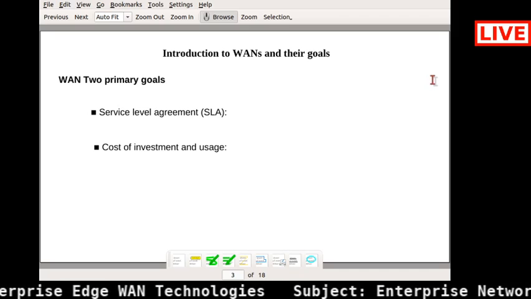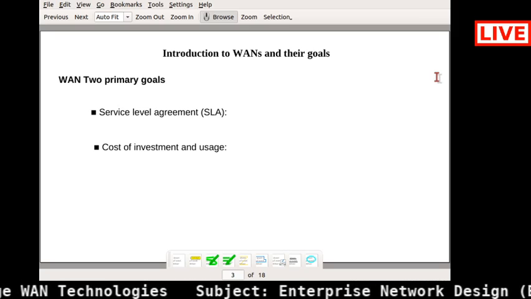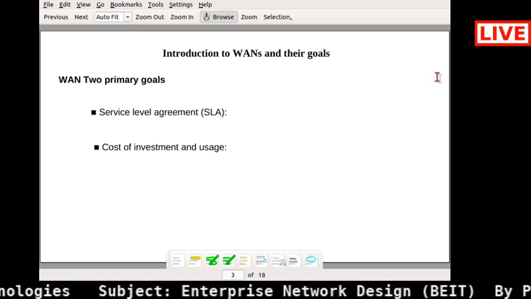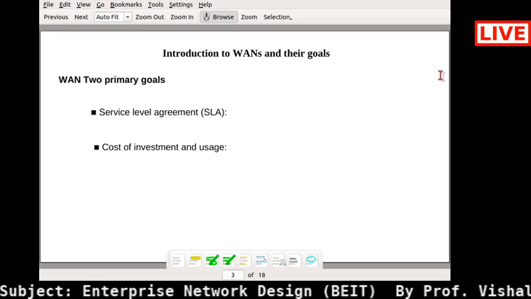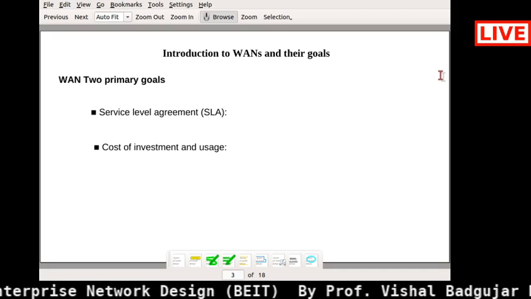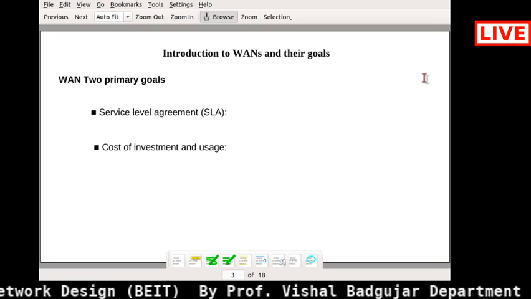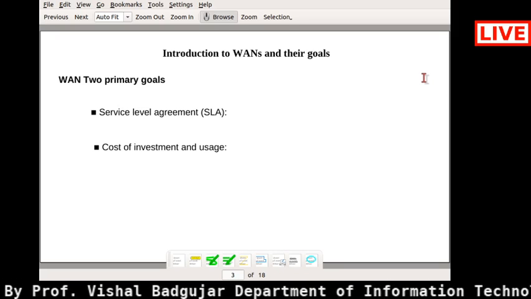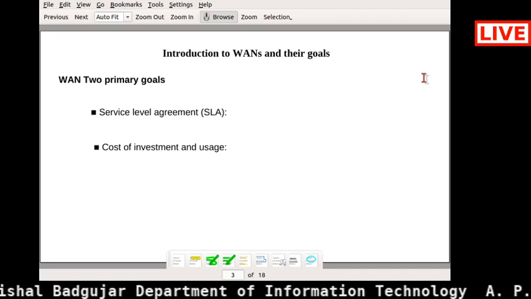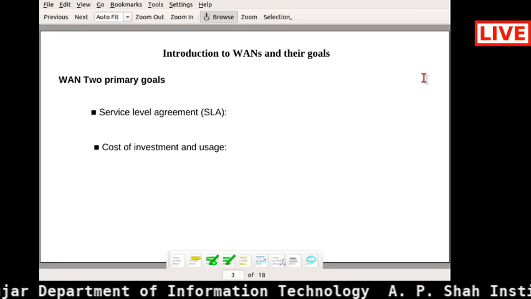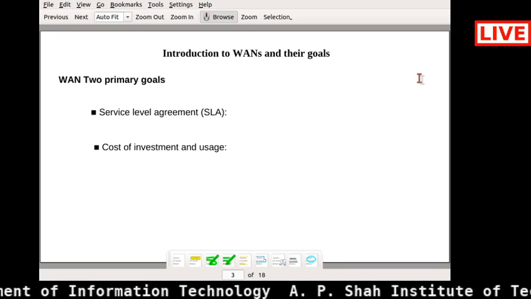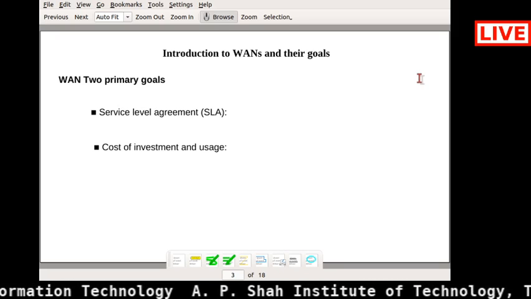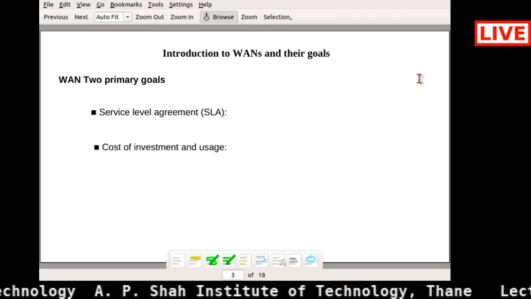So we need to see in this Cisco enterprise architecture how modularized we are going to make this enterprise network. If you consider all these WAN connections, we are just concentrating on one module of that enterprise edge, which is connected to your remote sites.